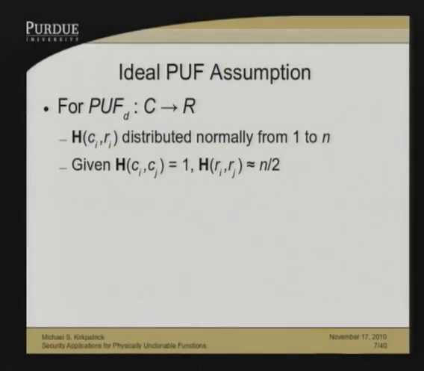On the other hand, if you take two challenges that have only 1 bit of difference between them, and you look at the Hamming distance of the responses, you want that to be approximately n over 2. So if you have two challenges that are very similar, you want their responses to be very different. And this is an ideal assumption, and it's actually very hard to achieve.